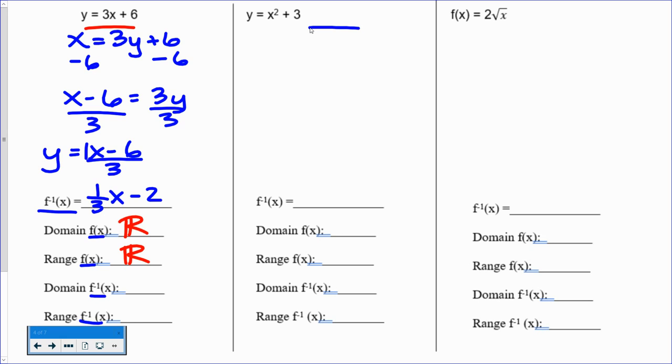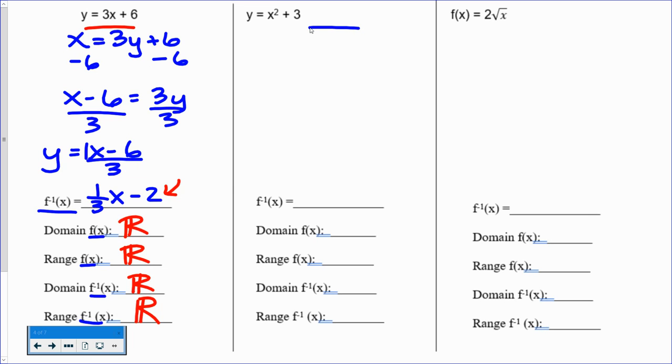And if your domain and range switch, it's going to be all real numbers for both again, or this is going to be another line, another diagonal line, where your domain and range would be all real numbers. So lines aren't too interesting for switching up things with the domain and range.